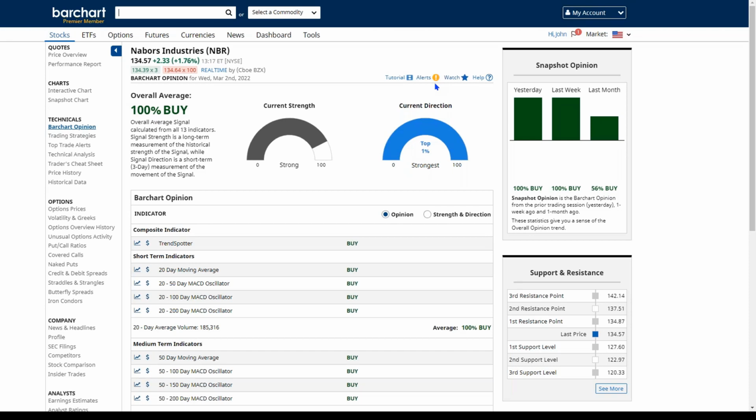Or in this case, the Barchart opinion told us that prices might be a little bit overbought, and maybe I might want to use a little patience and look for a drawback in price, where price can re-engage one of my trends.